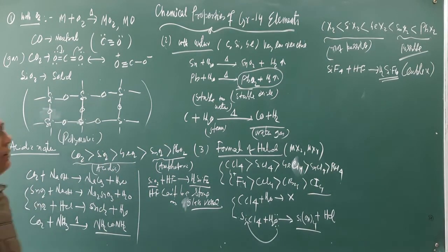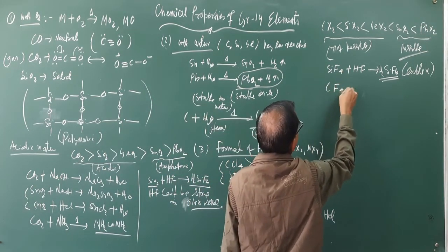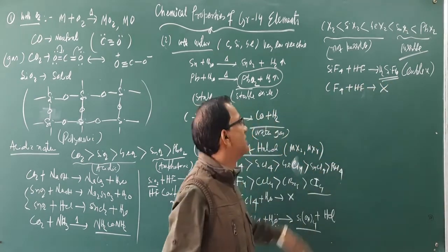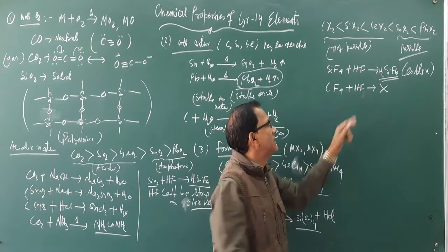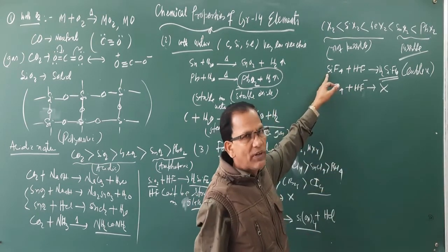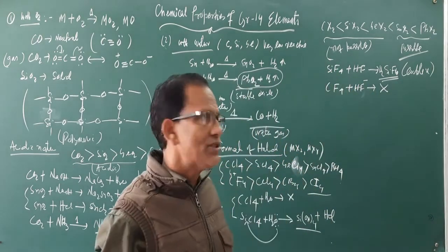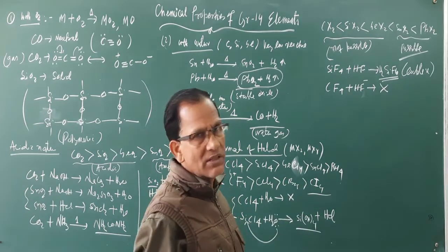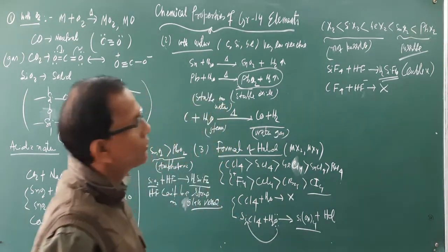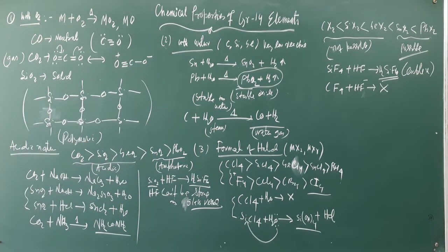But carbon tetrafluoride plus HF gives no reaction because it has no vacant d orbital. It cannot accept F minus. That's why silicon produces higher covalency and complexes, but carbon cannot show higher covalency due to absence of vacant d orbital.